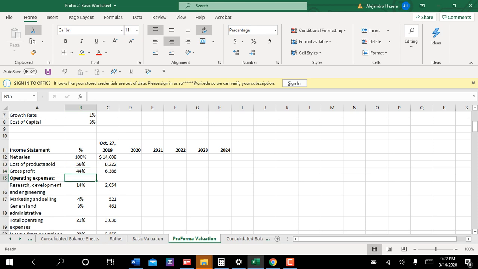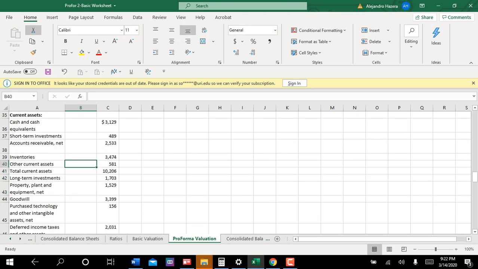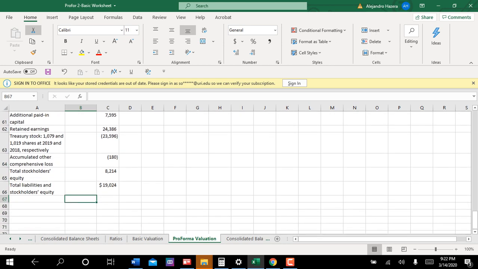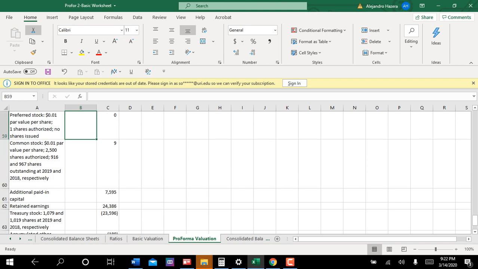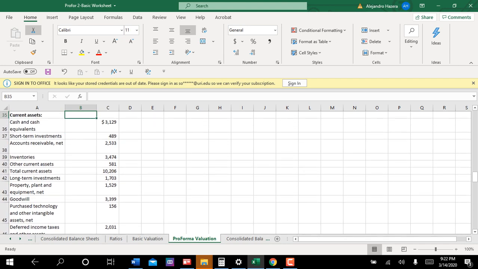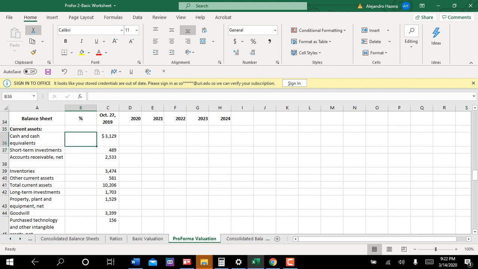We're going to measure all the items, including all the current assets, everything on here, as a percentage of sales. Now, in the next video, you'll find out that it's more valid to do this measurement for some items than others.